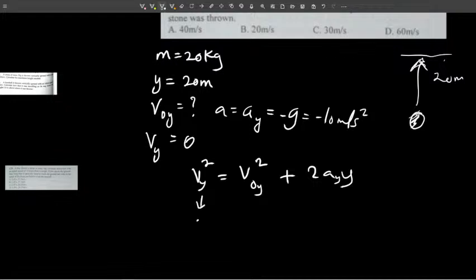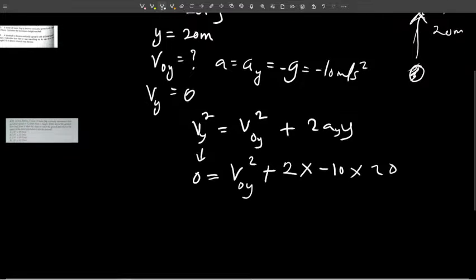So here we have 0 equals v naught y square, plus 2 times ay, which is minus 10, because the body is going upward, then times y. What's our y? 20. So everything here should give me minus 400.